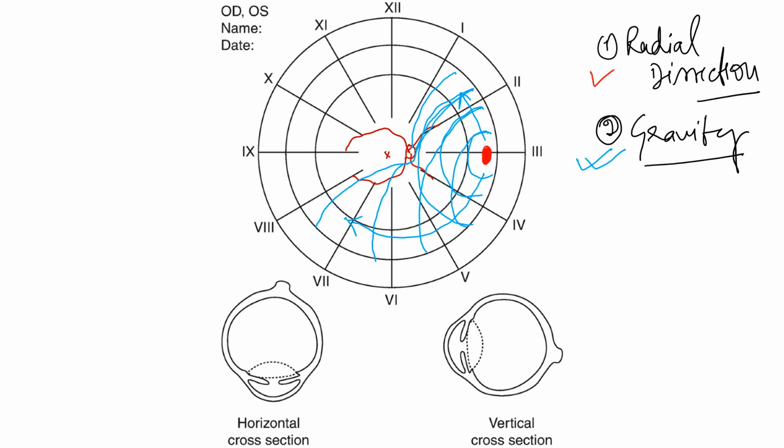I'll end my talk here and let you understand that these two factors will keep on playing till you have a complete retinal detachment. It is going to progress on both sides, faster on this side, and ultimately you have a detachment which will progressively increase and cover the whole of the retina.